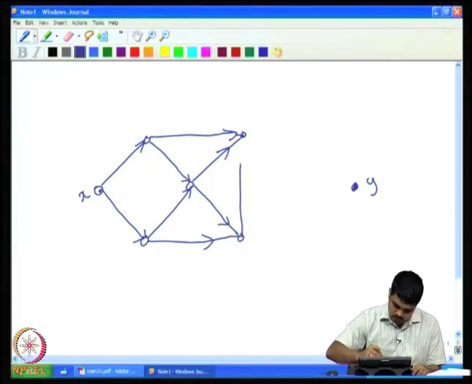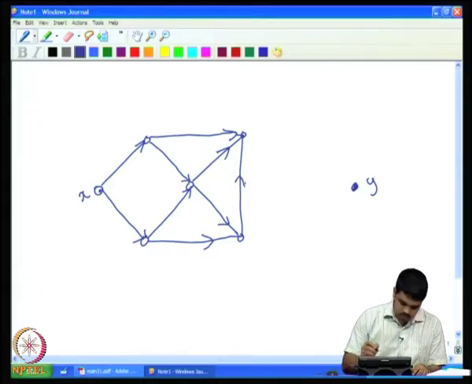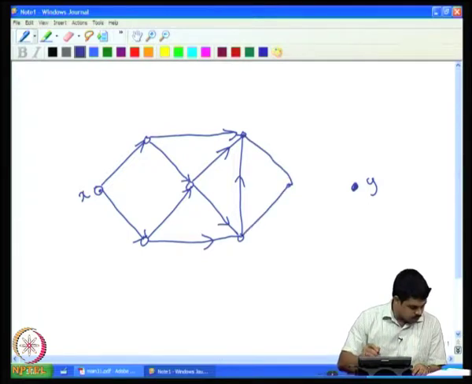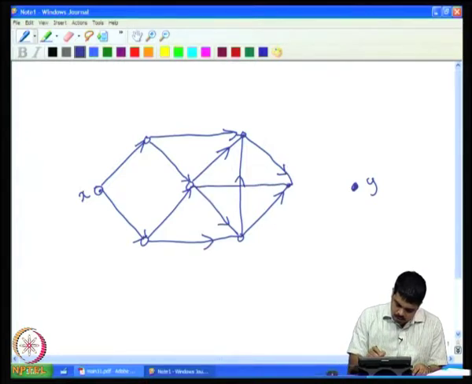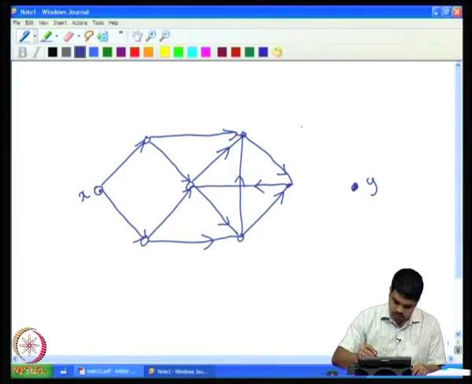And here there is an edge. And then we add one here, directions being this way. Direction, opposite direction, and then two arcs here.